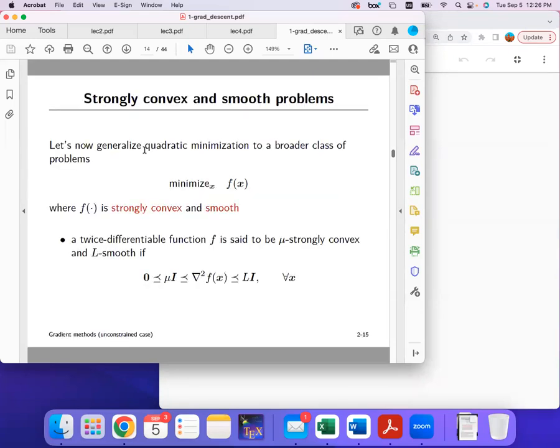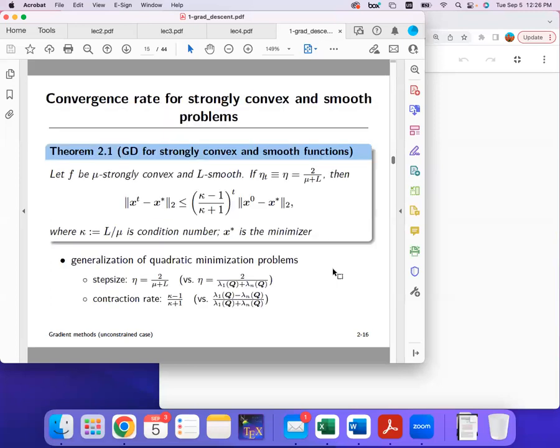Basically, for strongly convex and smooth problems, the function has a lower bound and upper bound in the following sense: if we consider the second order derivative, or the Hessian matrix, its minimum eigenvalue and largest eigenvalue have these lower and upper bounds. And we have this geometric convergence rate.